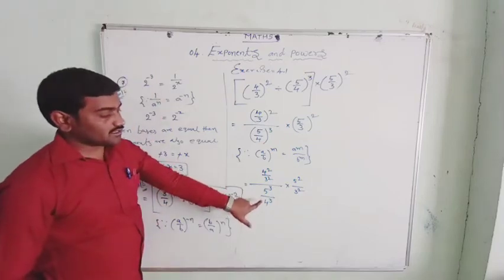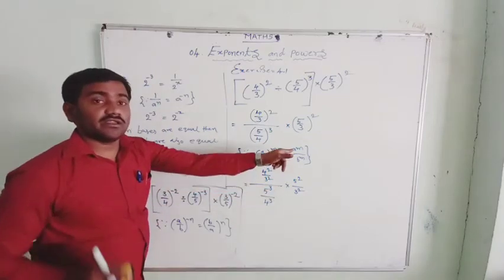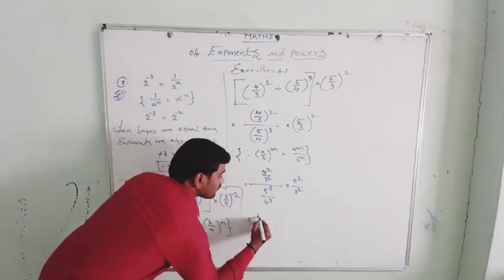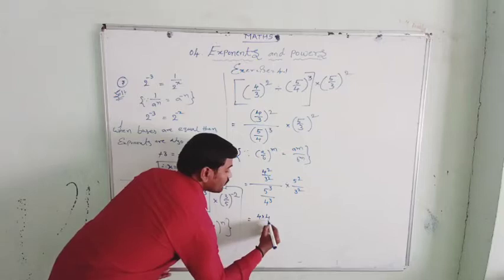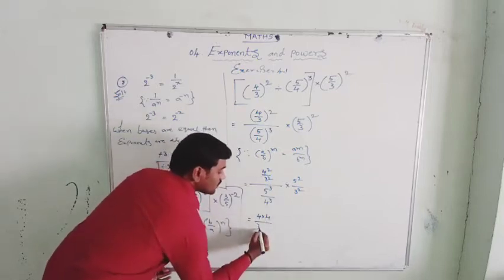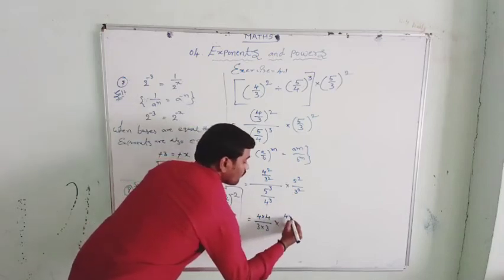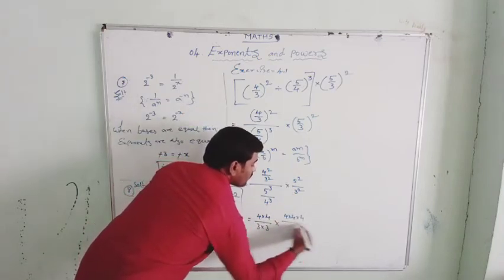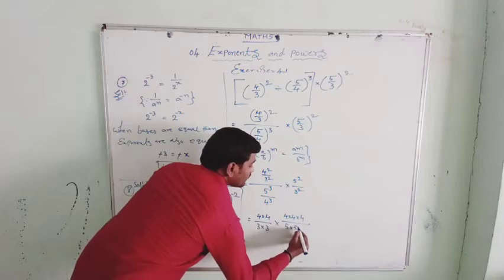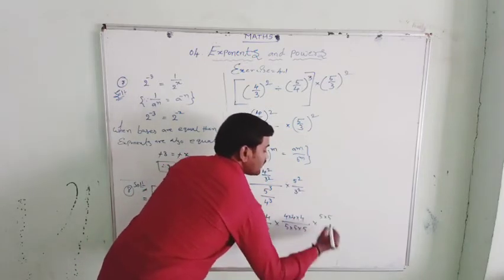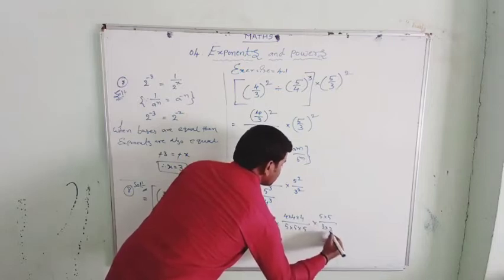When fraction by fraction comes, the denominator fractions are reciprocated and multiplied to the first fraction. So 4 squared is 4 into 4, 3 squared is 3 into 3, and this will be reciprocal, that means 4 into 4 into 4 by 5 into 5 into 5, and 5 squared by 3 squared, 3 into 3.